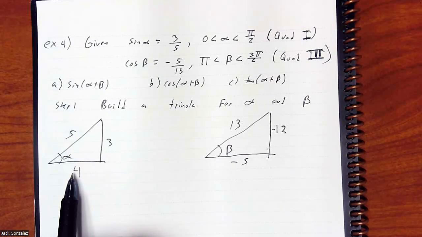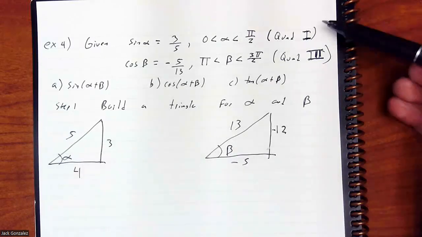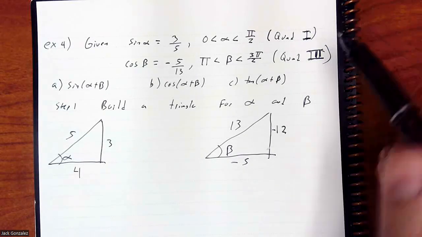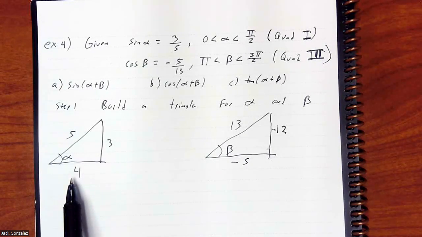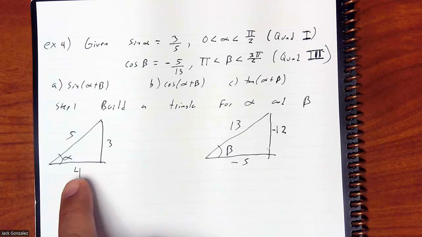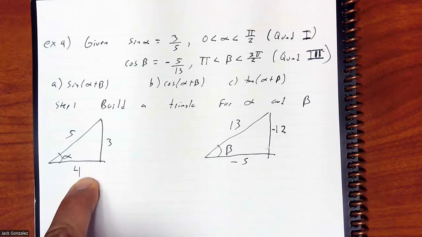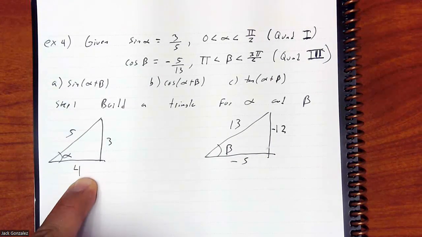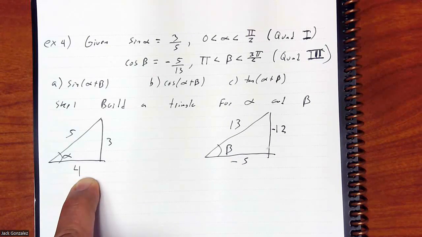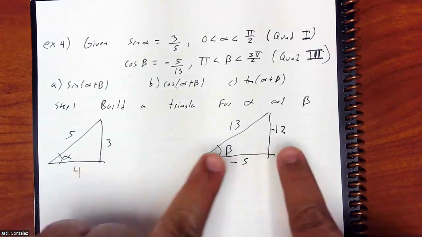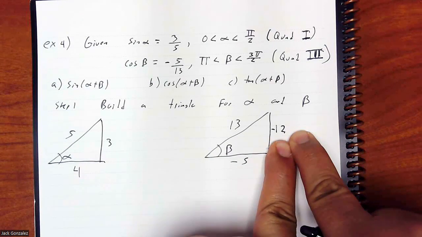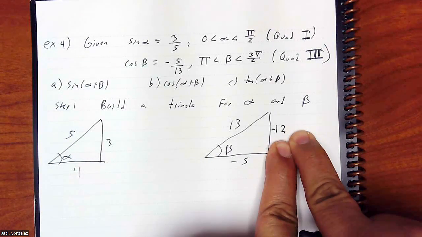For cosine, is cosine positive in quadrant 1? So we shouldn't mess with that 4. So when you're solving for these missing sides, let's suppose you didn't see that they're magic triangles. You would have to put the plus or minus and then choose plus because it's quadrant 1. Choose minus because it's quadrant 3. Is that clear?